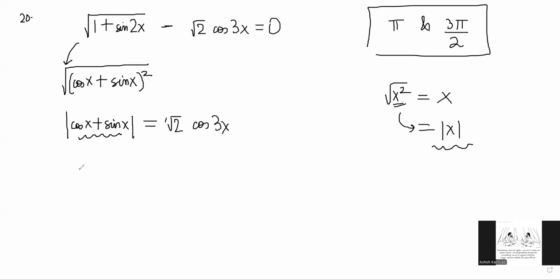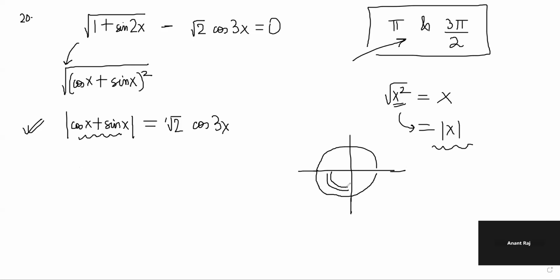Now you have to think of how to get rid of this absolute value sign. But you should realize that you don't have to take all cases. You only have to worry about x lying between what range? Pi to 3 pi by 2, right? You only have to worry about this third quadrant, correct?